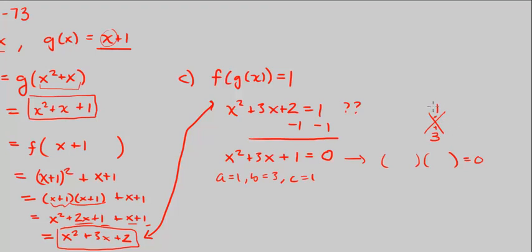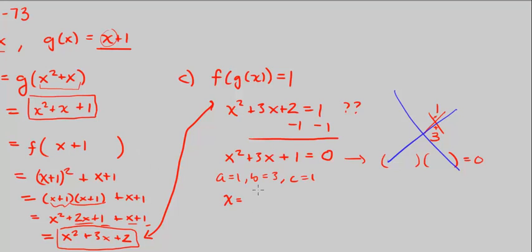Multiplying two numbers to get 1, if we're not going to look at fractions, it's just 1 and 1. Can we add them to get 3? No. So let's not do this method, because we can't use it with just whole numbers, and let's use the quadratic formula instead, because that always works.